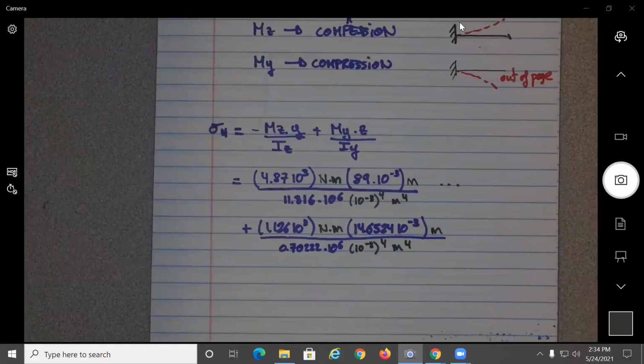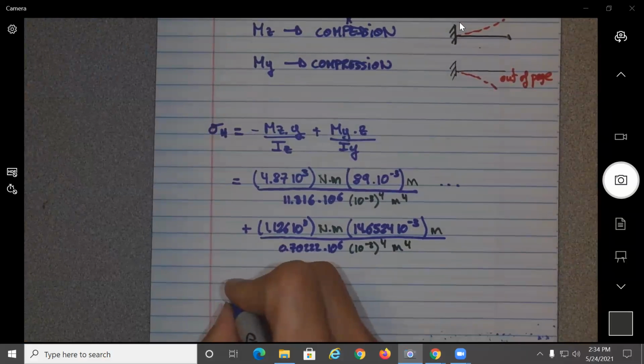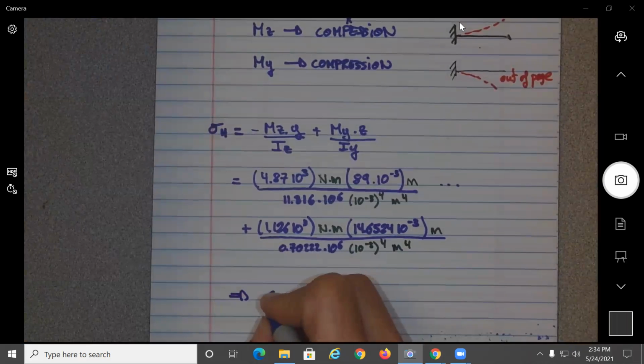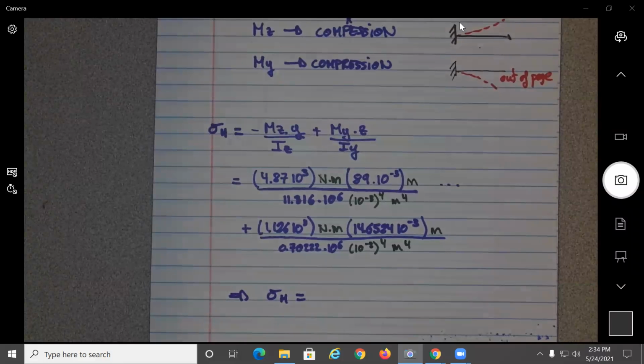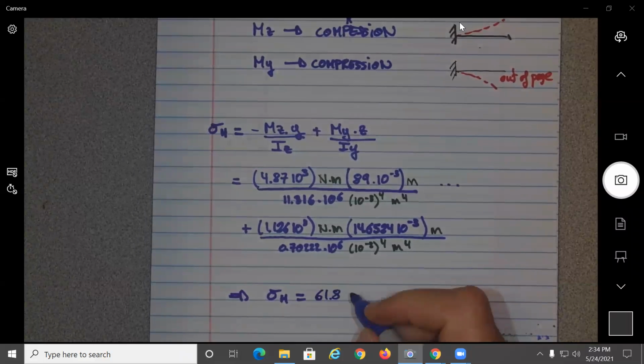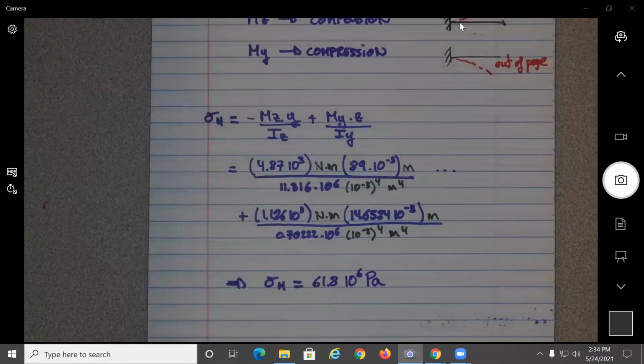If you do the calculation, this will give us sigma H. So that gives me actually 61.8 times 10 to the 6 pascals.